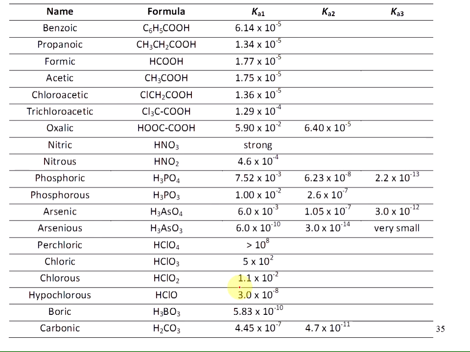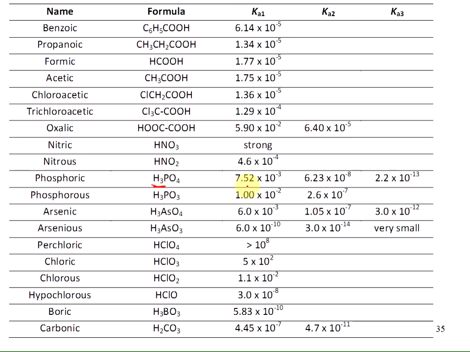And remember, phosphoric acid is a triprotic acid. And we said that removing each hydrogen becomes more and more difficult, and those 3 hydrogens are removed one at a time. So notice that the first acid equilibrium constant, for removing the first proton, is 7.52 times 10 to the minus third.